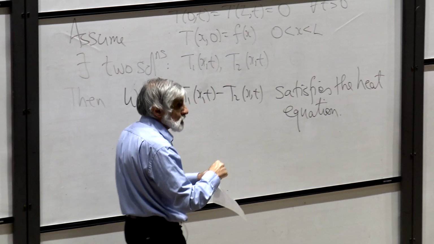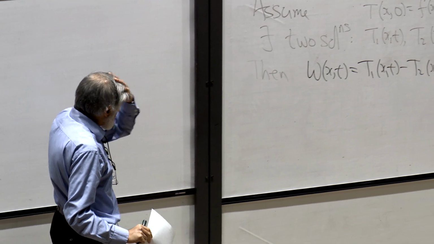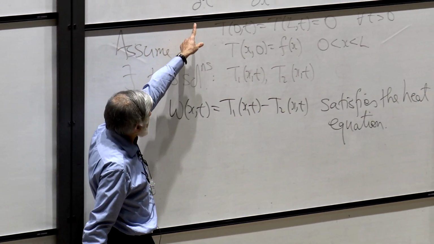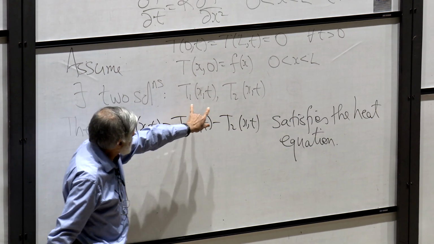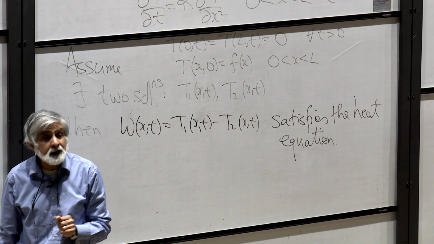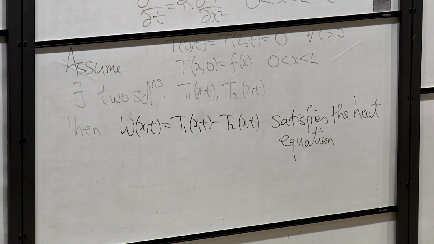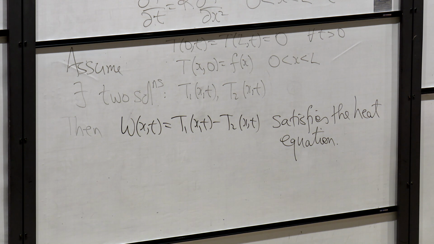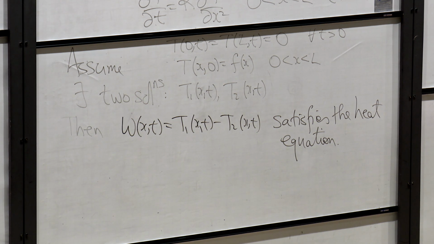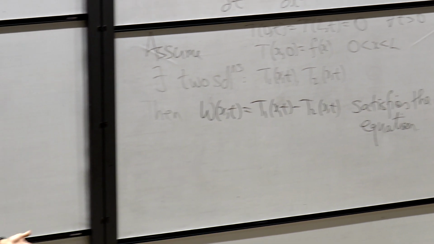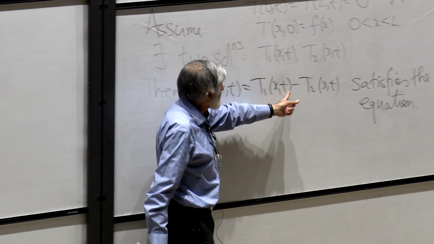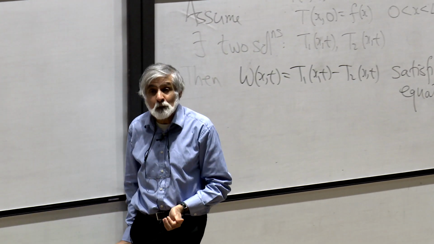Okay, so the way you can prove that is you can just say this is a linear equation, and so if we have two solutions to the linear equation by the principle of linear superposition, any linear combination is a solution, and T1 minus T2 is a linear combination.